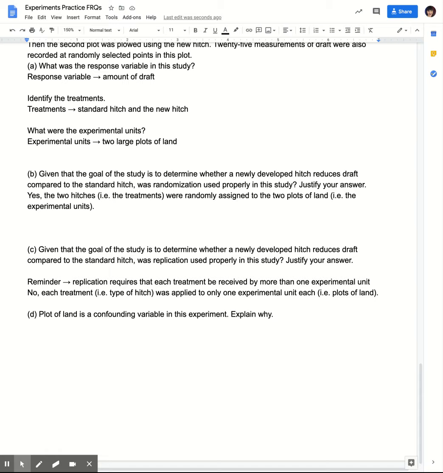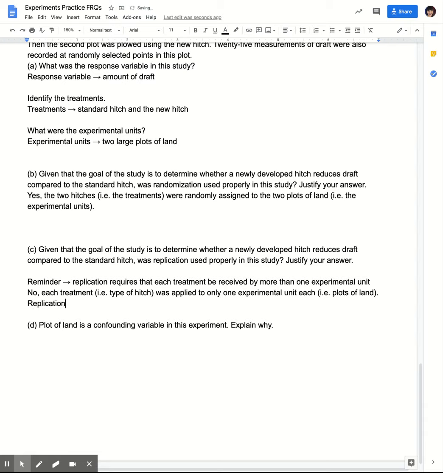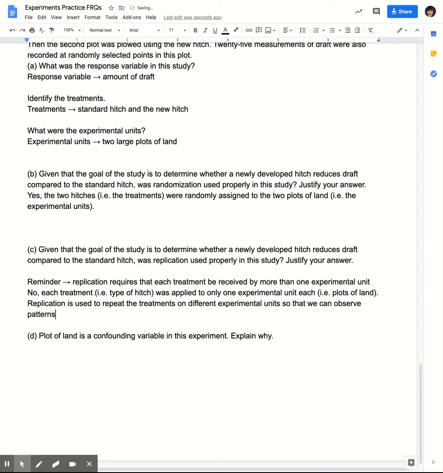Okay, so you can say something along the lines of really what I said in the reminder, which was replication is used to repeat the treatments on different experimental units so that we can observe patterns, right? And then you can just tag on at the end if you want, there is no replication in this study.